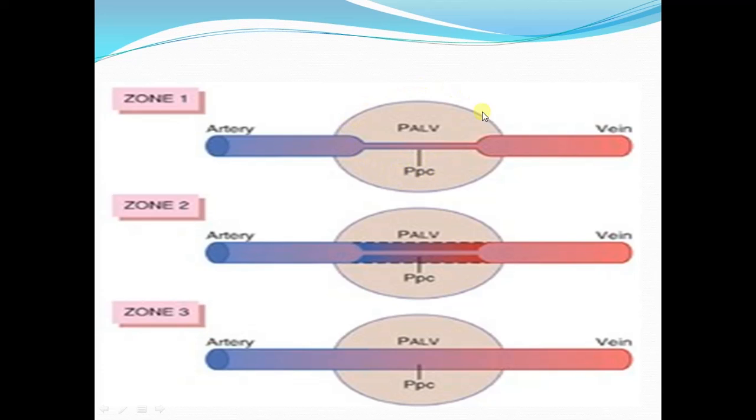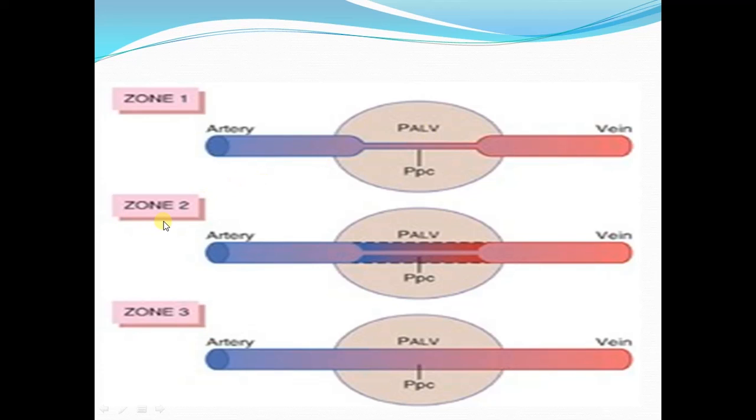So this is the alveolus, this is the artery, pulmonary capillary and the vein. If the alveolar pressure is greater than the capillary pressure, the capillaries are not distended, they are collapsed by the external pressure caused by the alveolar air pressure, so there is no blood flow.